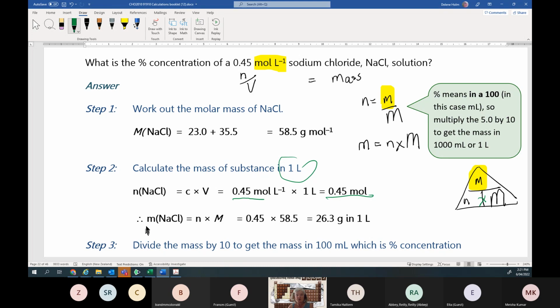And so in order to calculate mass, remember it's N times M. So it's the amount in mole times the molar mass we've calculated up there. And then that is our mass in 1 liter. But remember, we want percentage, which is not in 1 liter. We want it in 100 milliliters. So what do I have to do with my value of 26.3 to get it to a percent?